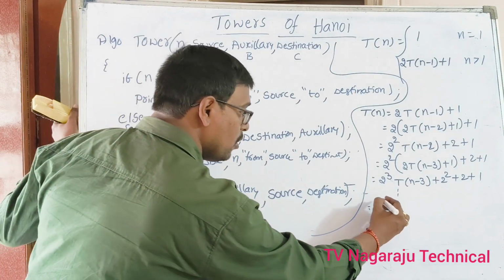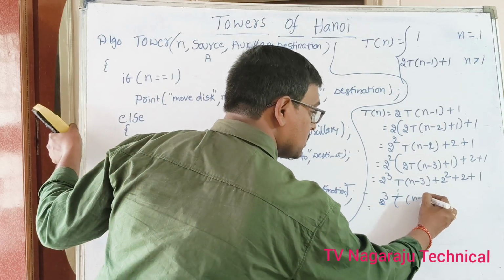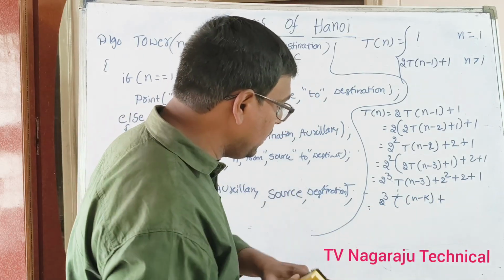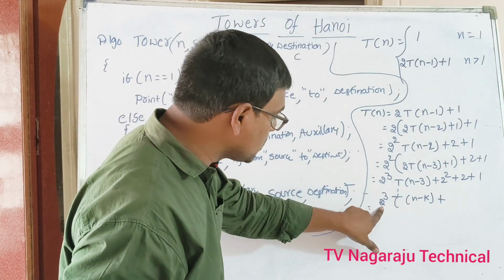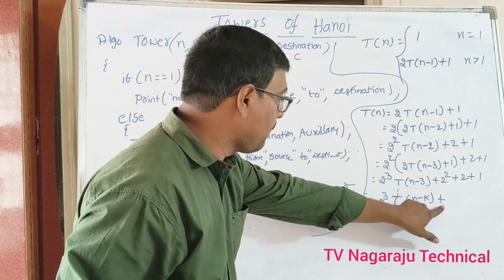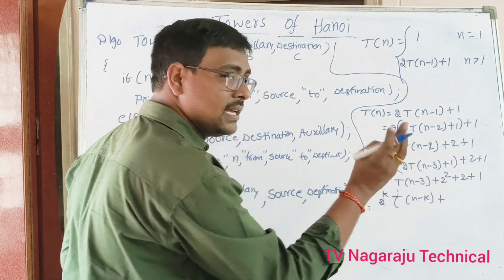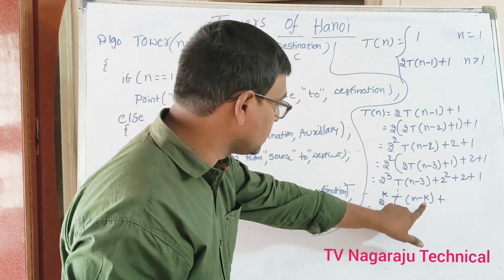That is, if you repeat k number of times, 2 power k into T of n minus k plus 2 power k minus 1 and so on plus 2 plus 1. Assume k is equal to 3, this is satisfied.